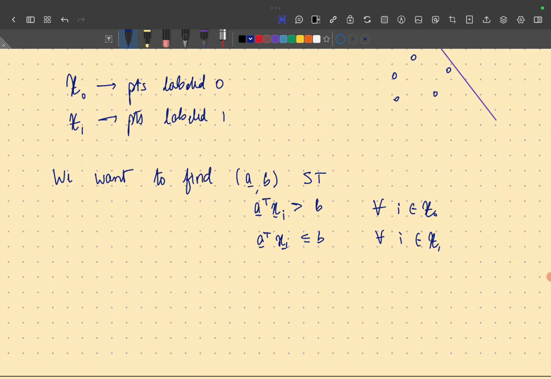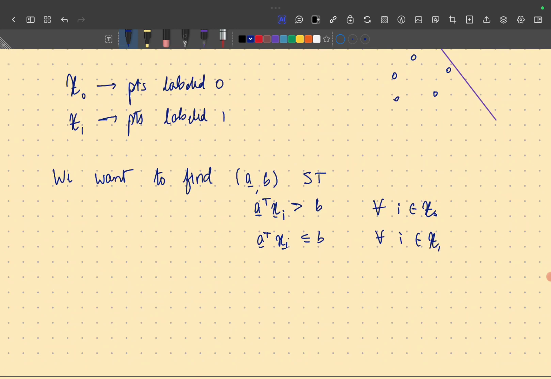Oh, you mean the discrimination could be that if a point lies in the set defined by these hyperplanes, then it is labeled 0, otherwise it is 1. Right? You could have different solutions, but we're going to look at the most basic version. You just want to draw a single hyperplane that separates the two. That is it.